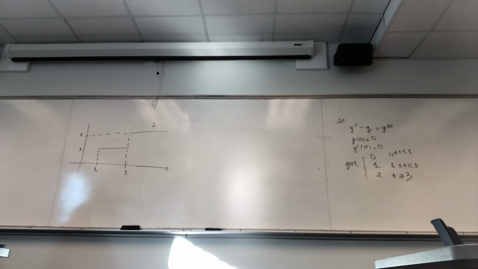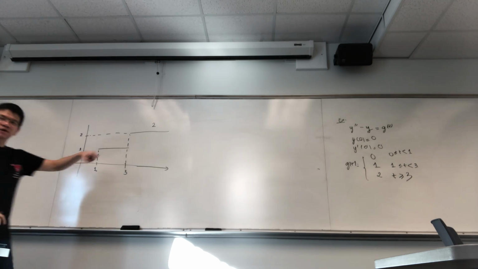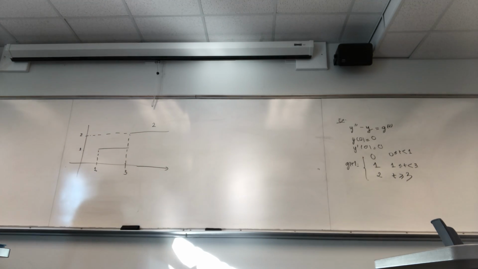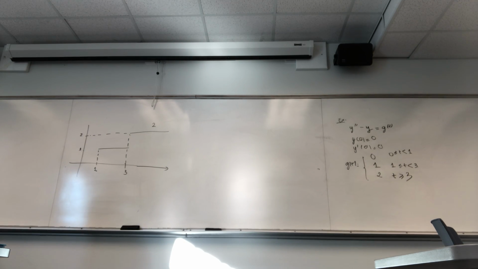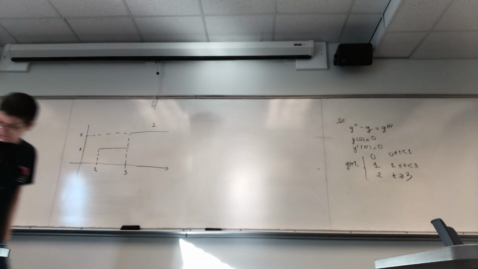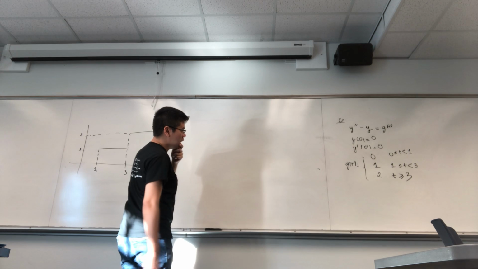Right. So we have to express g in terms of the sum of Heaviside functions. So what is the Heaviside function that we should consider? Is it h of t minus 1 plus h of t minus 3? Yes, h of t minus 1, right?